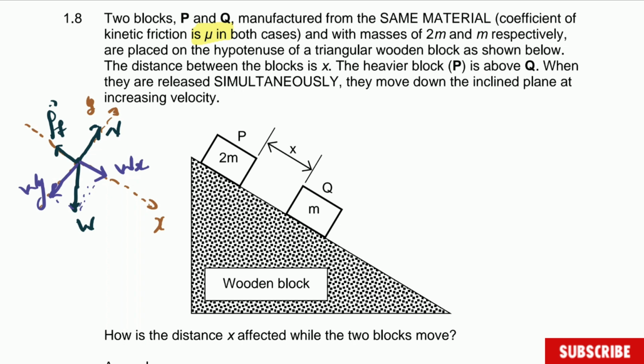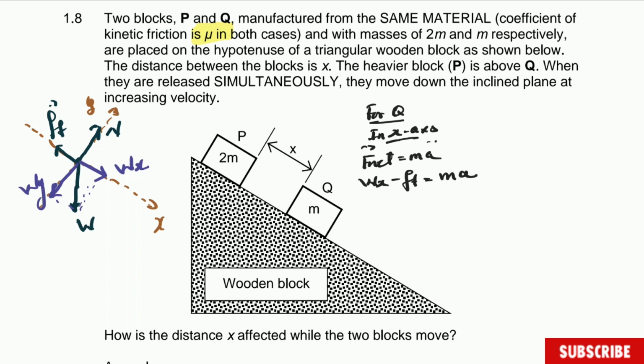Now we're going to calculate the acceleration for one of the objects. Let's start with Q. Using Newton's second law in the x-axis, the net force is equal to ma. What forces are acting there? We have the weight in the x-axis and the frictional force, and this is equal to ma.